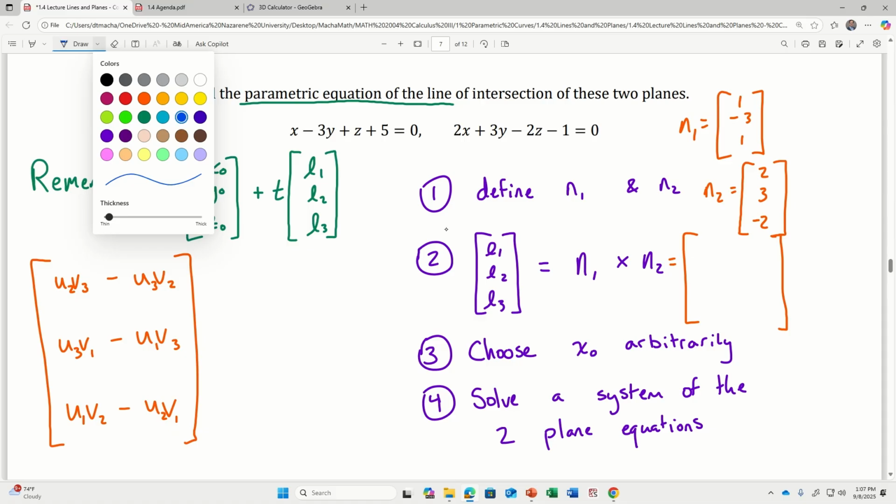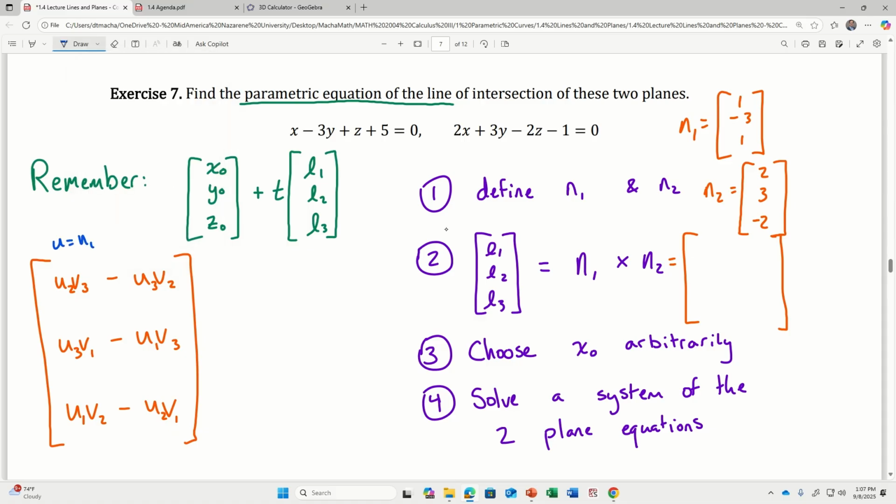So let's say the U part is going to be N1 and the V part is going to be N2. So whenever I say u2 v3, I'm talking about negative 3 times negative 2. Then u3 v2 is 1 times 3.